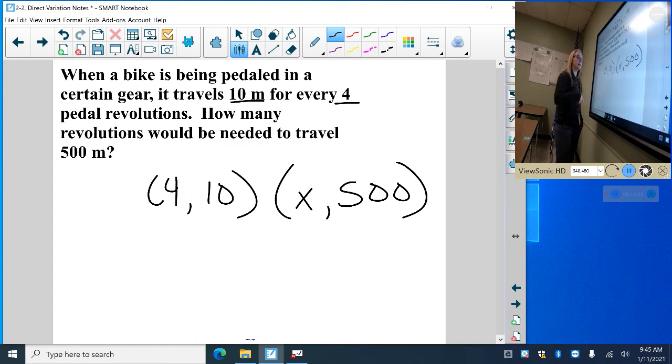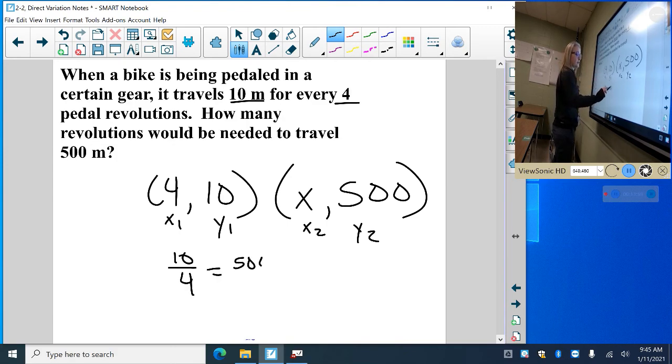Just make sure they line up. 4 stands for the revolutions, 10 stands for the meters. Therefore, x stands for the revolutions, 500 stands for the meters, and then we can set up a proportion. x1, y1, x2, y2. So I have 10 over 4 equals 500 over x, and then cross multiply.